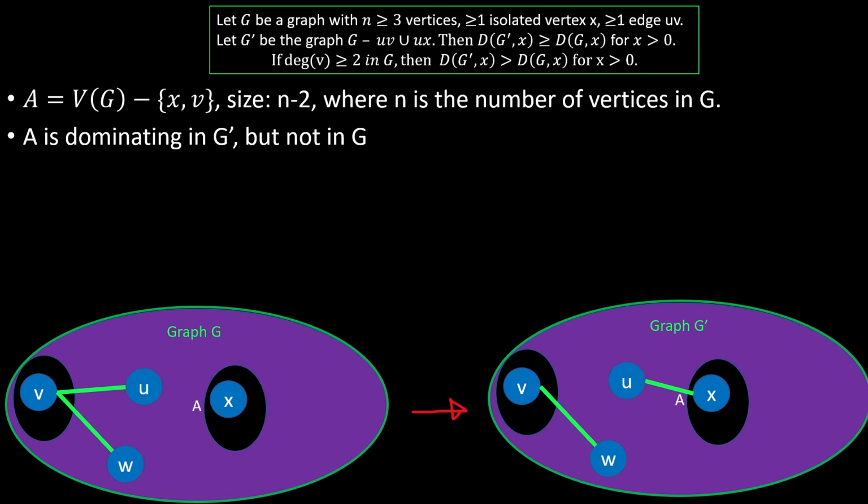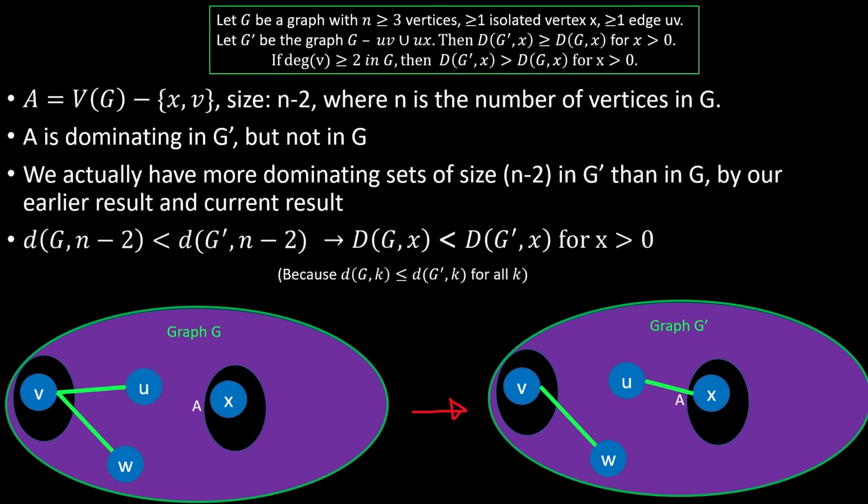Since we already showed through our four cases that we can match each dominating set of size i in G to a unique dominating set of size i in G', the existence of a dominating set in G' that does not correspond to one in G through our four cases means that we actually have more n-2 dominating sets in G' than we do in G. This means the coefficient on the n-2 degree term is greater in D of G'(x) than in D of G(x).